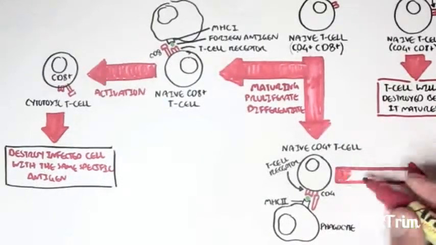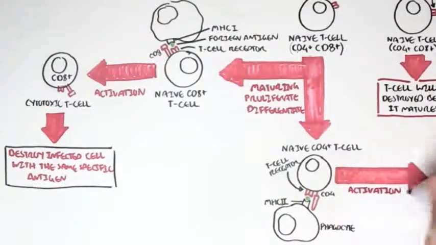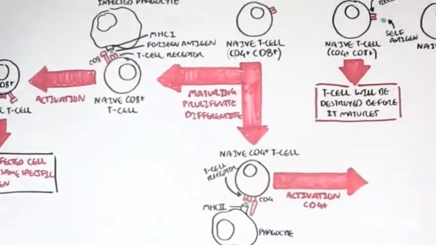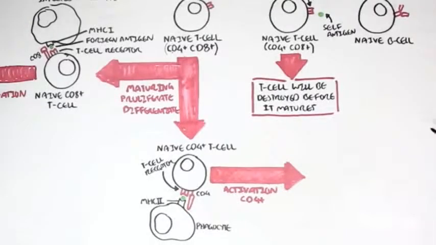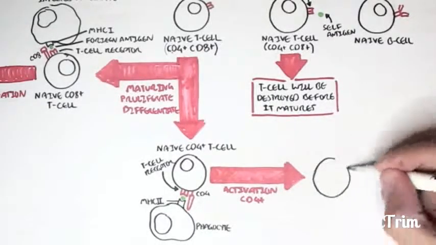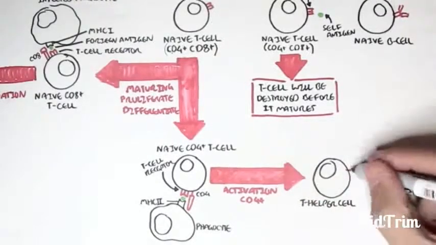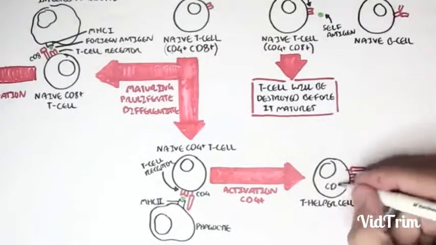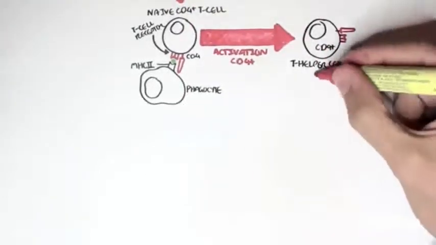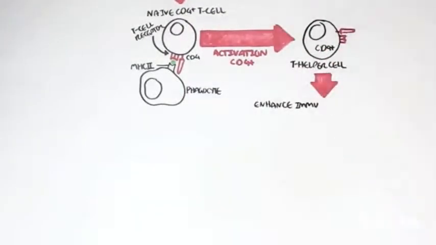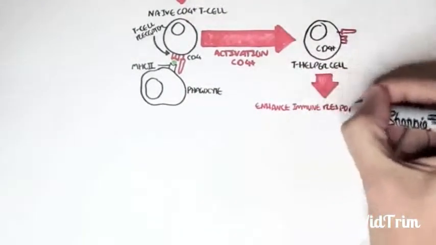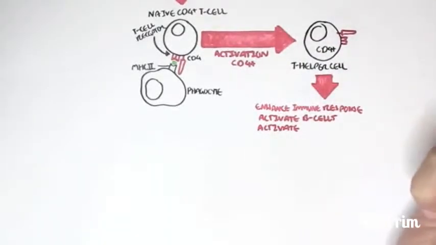And when it does, it will become activated through this MHC class 2, to become a T helper cell. A T helper cell's main goal is to enhance the immune response by activating B cells as well as natural killer cells and also macrophages or other phagocytes.